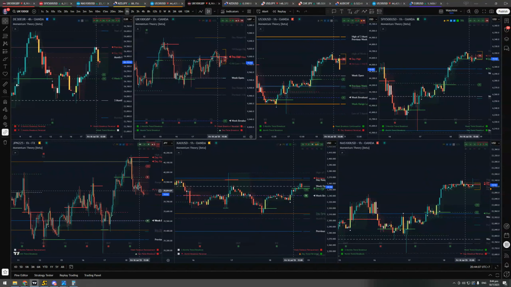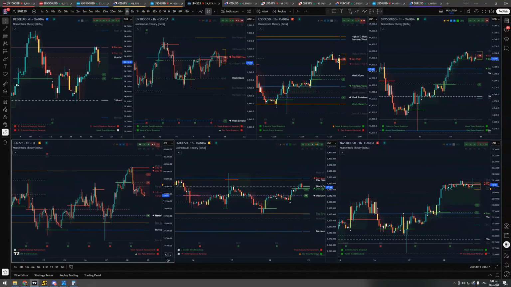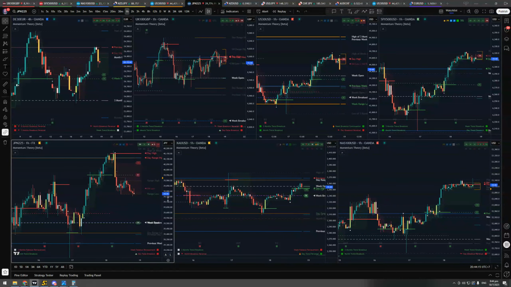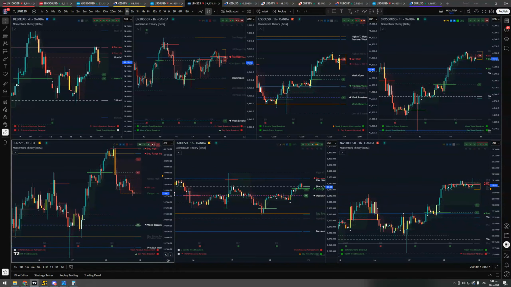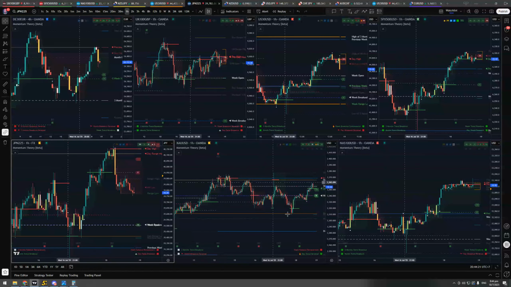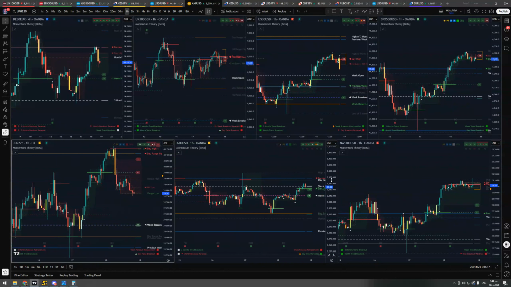Nikkei, this is what I was looking for, and I still want this to continue on down, so I might think about this one. Depends on how the 15-minute closes. Gold just in the middle of this range, just going back and forth. I would expect it to come up, but who knows with gold.